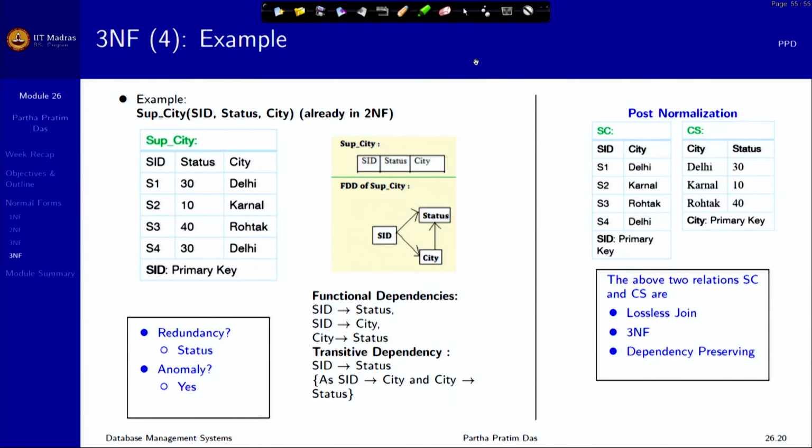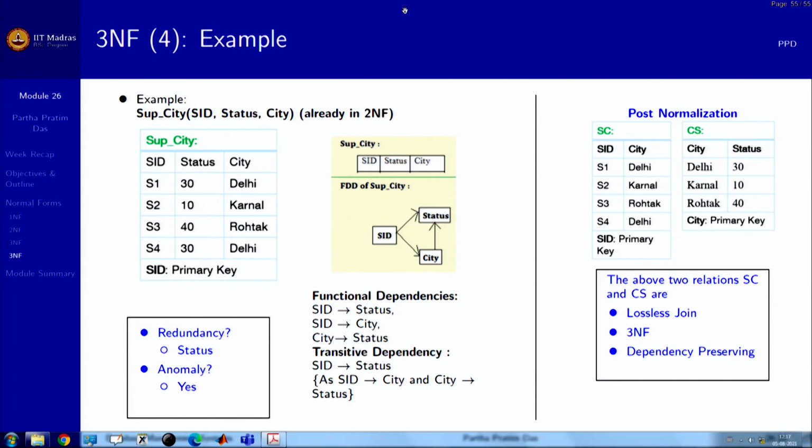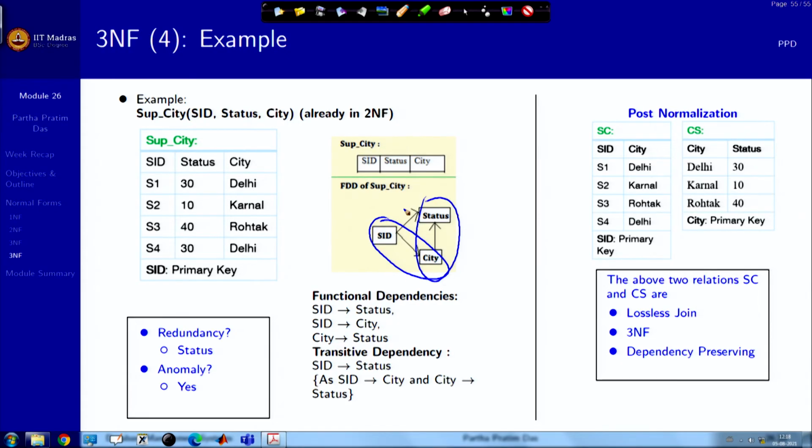So, if we get back to the earlier example, this is one and this is the other, two functional dependencies. Now, that leads us to SID determining status, which is a transitive dependency, because you have SID determining city, but you do not have city determining SID. Naturally, multiple suppliers can be there in the same city.